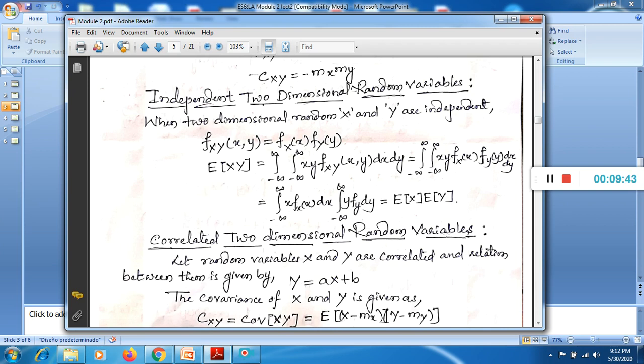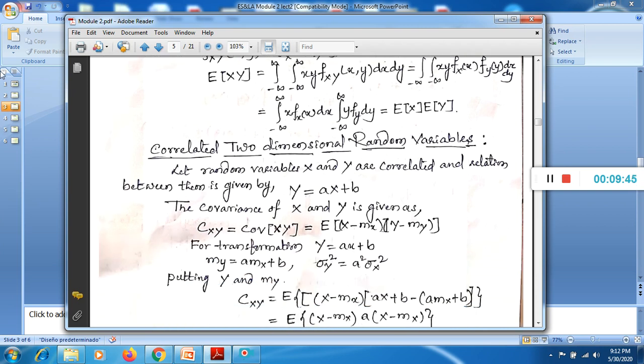Correlated two-dimensional random variables. Let random variables x and y be correlated, and the relation between them is given by y is equal to ax plus b. Let's consider that their relation is y is equal to ax plus b.